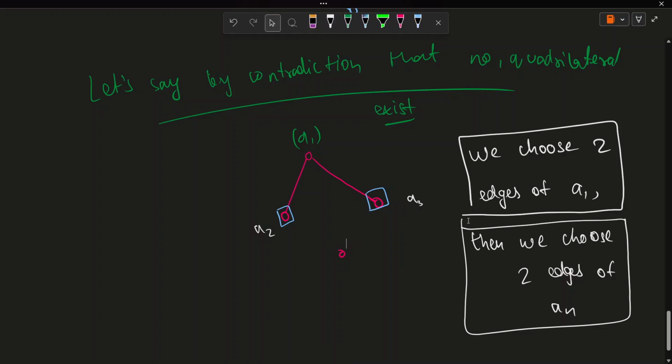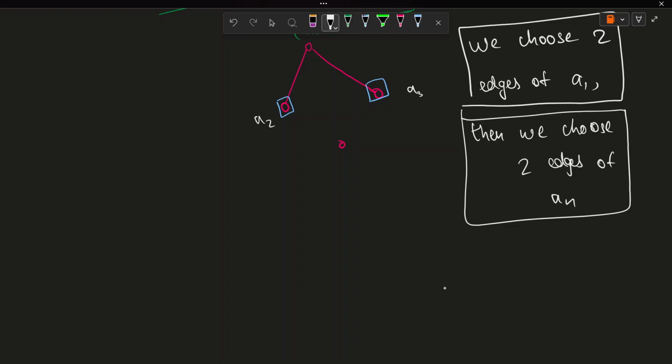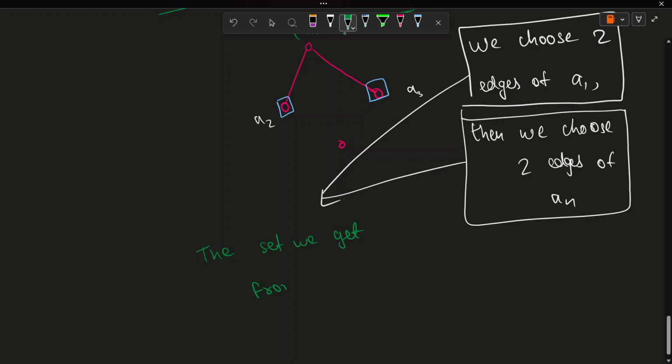So if we choose two edges of an, then because there are no quadrilaterals, we get the fact that the sets we get from both cases should be different.